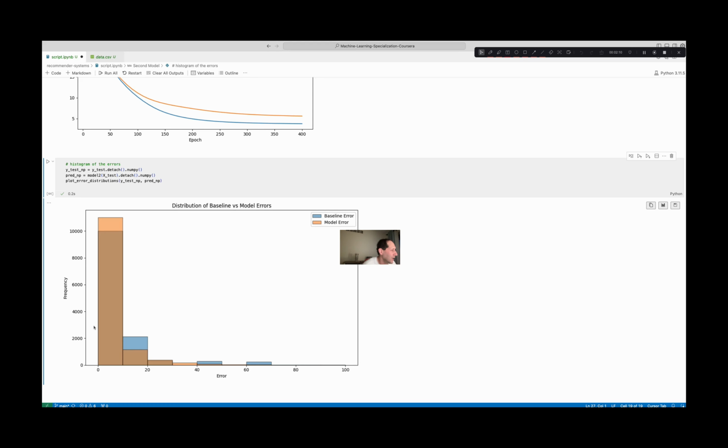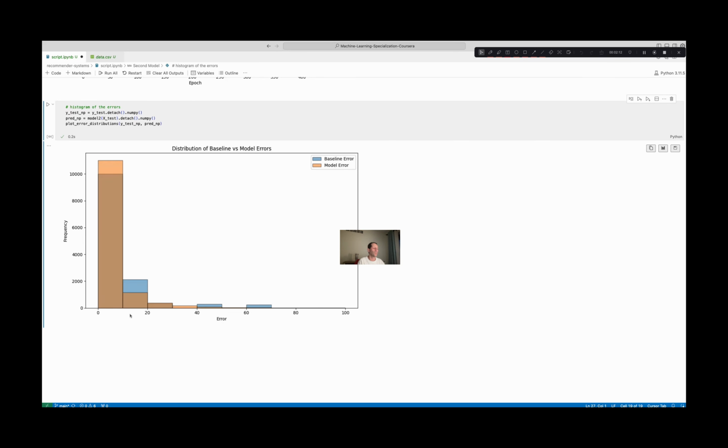So, concluding remarks. We looked at two types of models to predict movie rating without having any information about what the movie is or who the user is. And in both approaches, we vectorized the users and the movies.